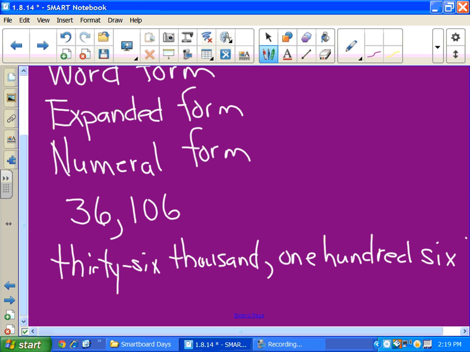And if you remember, anytime you have a number that has tens and ones, the hyphen goes between, such as 36. So you should be able to write the word form for any number up to 1,000,000.